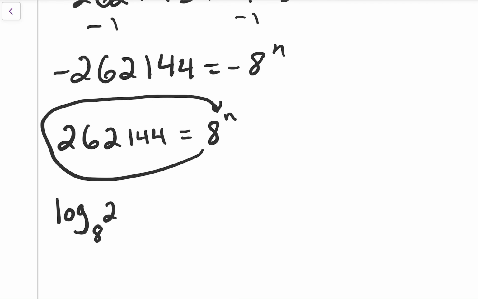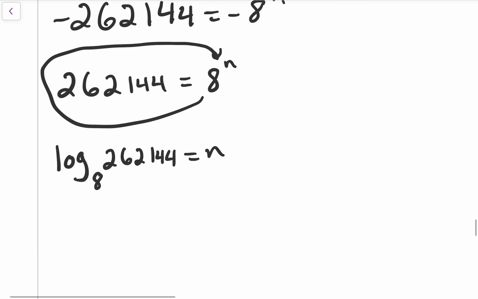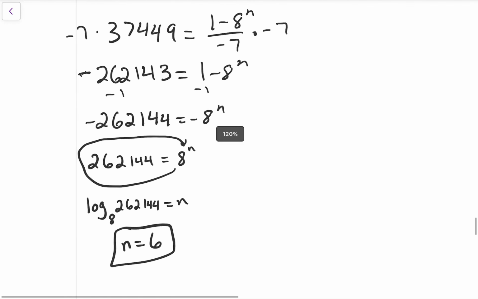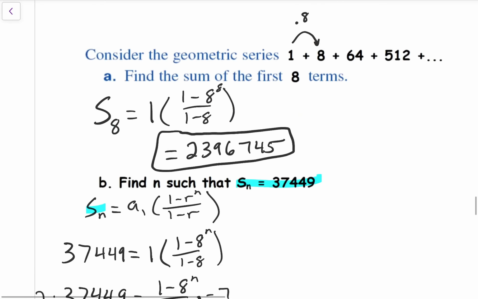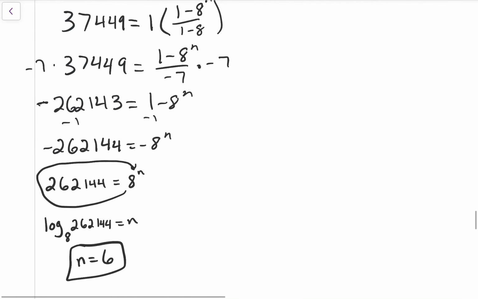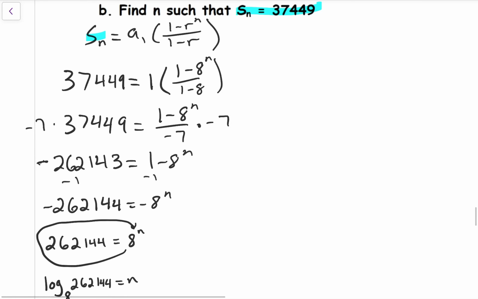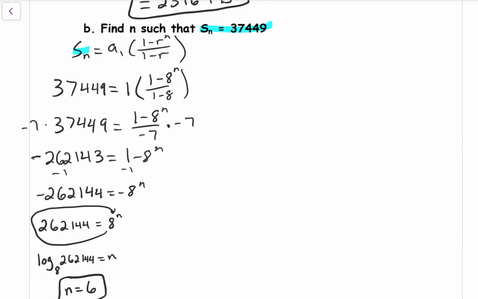Log base 8 of 262,144 equals n. Plug it into your calculator. You get n is equal to 6. Meaning, if you added the first 6 terms of that series, it would add up to be 37,449.